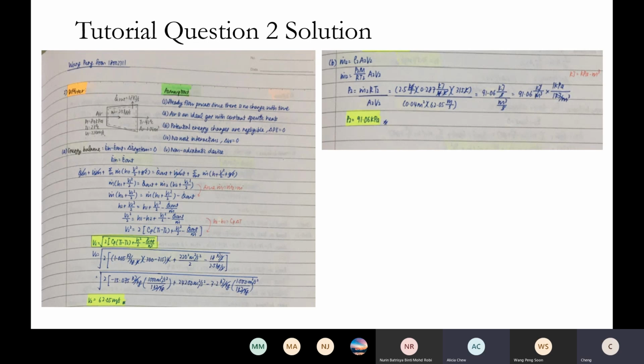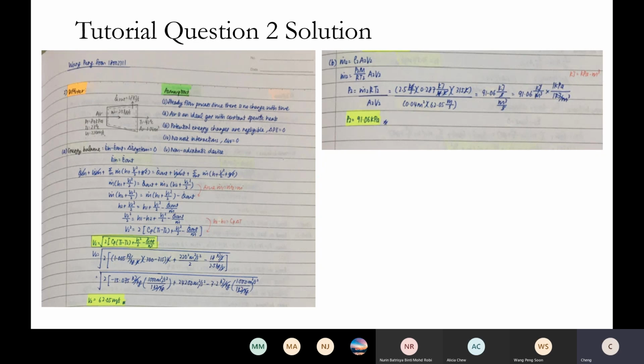Next, for question 2b, we used the conservation of mass principle to solve. We used the equation of mass flow rate equals rho A V. Since we are assuming air behaves like an ideal gas, the ideal gas law can be applied here.